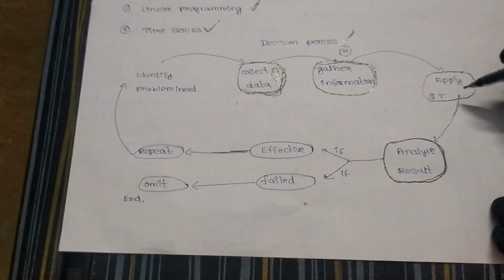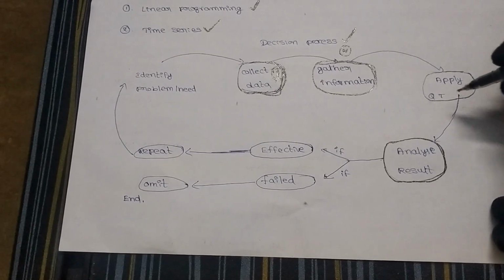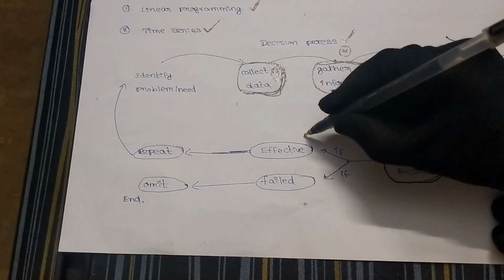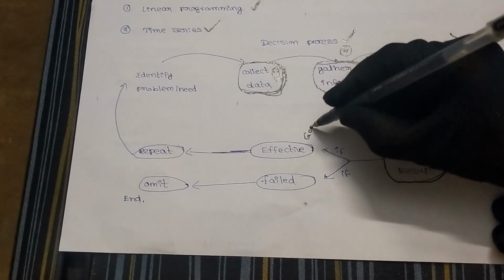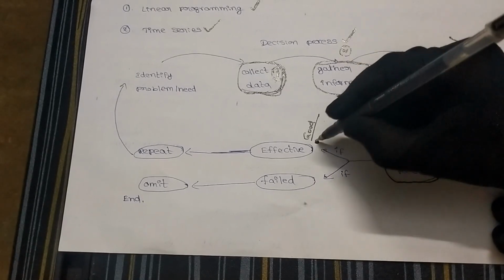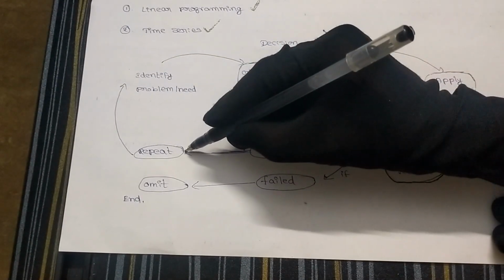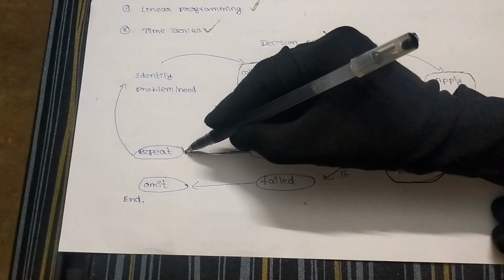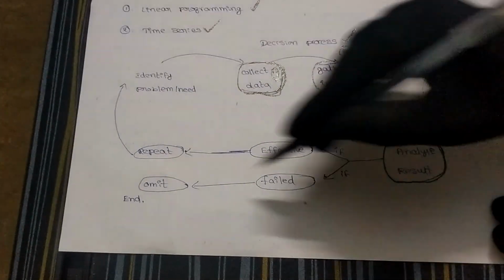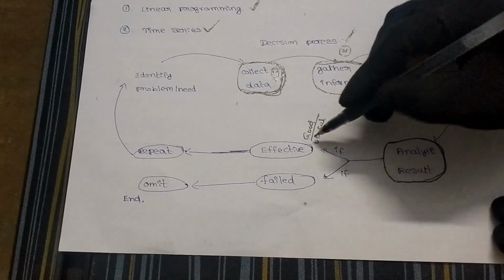If the method, whatever you have applied, is effective in the sense good in result and also useful, then what do you do? You will repeat the same technique again and again. And finally, this procedure is going to be repetitively taking place.